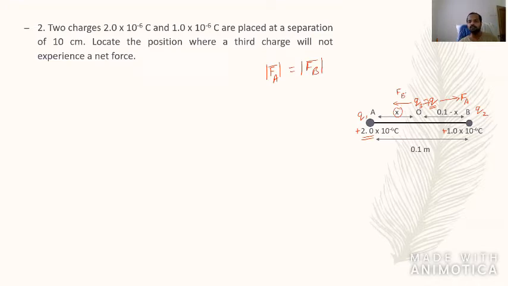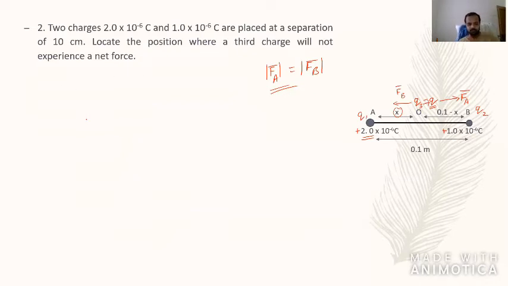In such a case, the forces FA bar and FB bar both are going to get cancelled out because they have the same magnitude but are in opposite directions. So the net force acting on Q3 should be equal to 0. So we are going to make use of this equilibrium condition to find out the distance x.